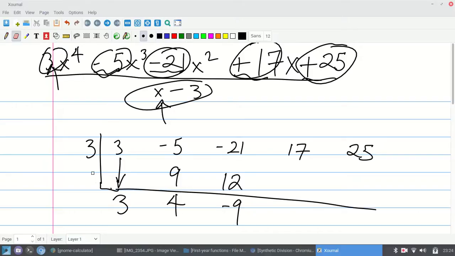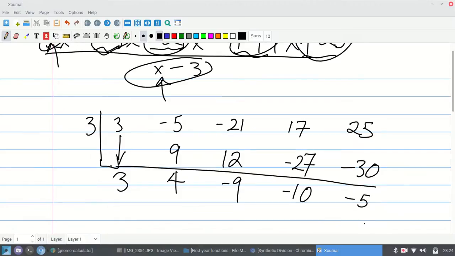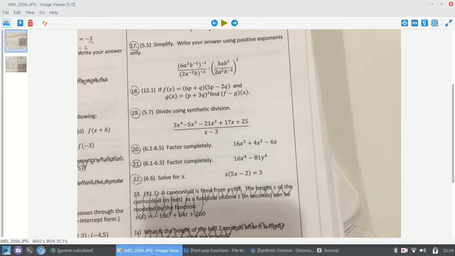Then I multiply 3 by that, so I get negative 27. Then I add down the column, I get negative 10. Multiply through, and I get negative 30. Add down the column, I get negative 5, right? So my result, right?